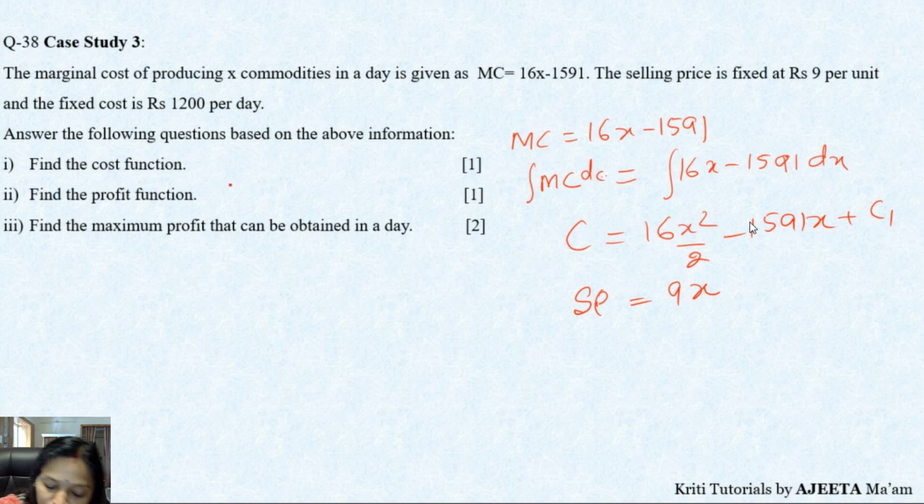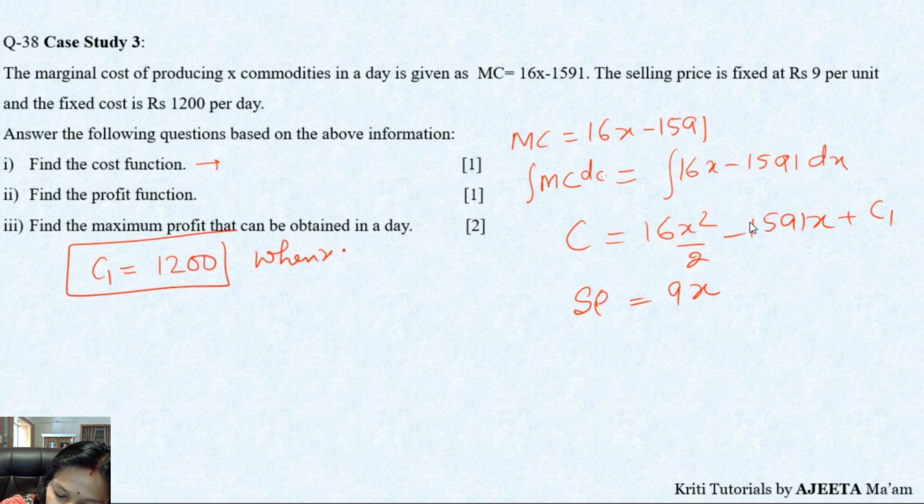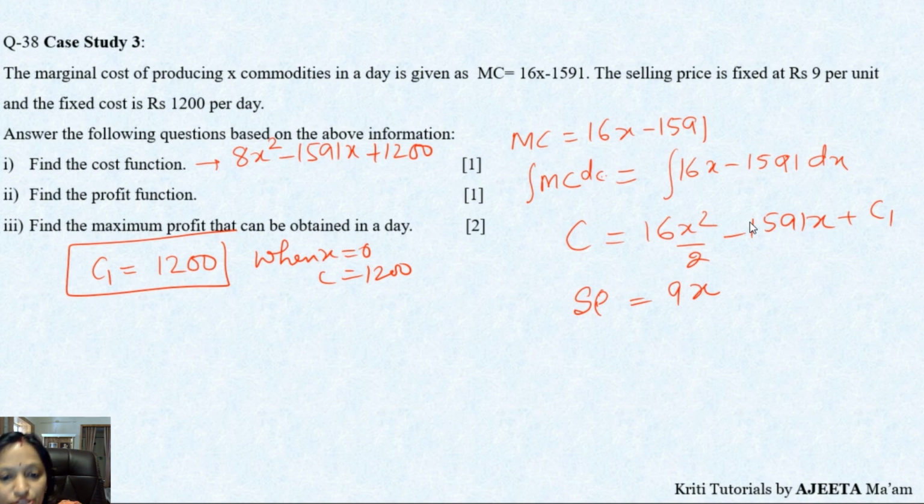Let's find the cost function first. So C1 will be 1200, because when x is 0, C is 1200. By this condition, C1 comes out to be 1200. So what's your entire cost function? 8x square minus 1591x plus 1200. So that's the answer for the first part.